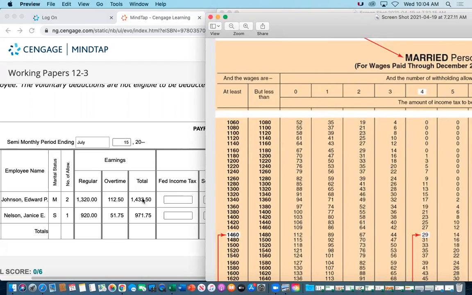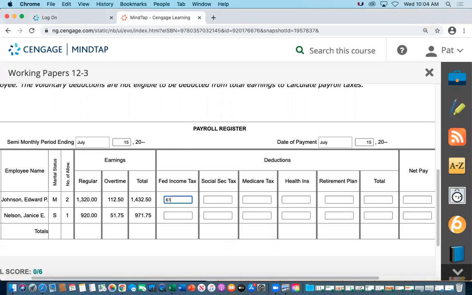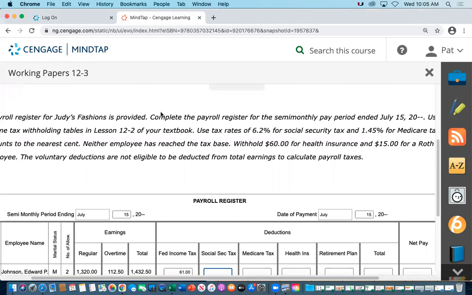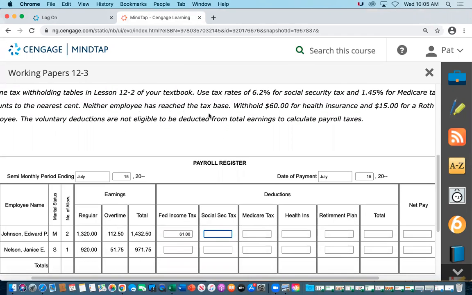Married chart, the total earnings, find it over here. 1,432 comes in between this section. Go across to 2 allowances, so we do 61. Social Security is total earnings because they told us up here none of them reached the tax base.